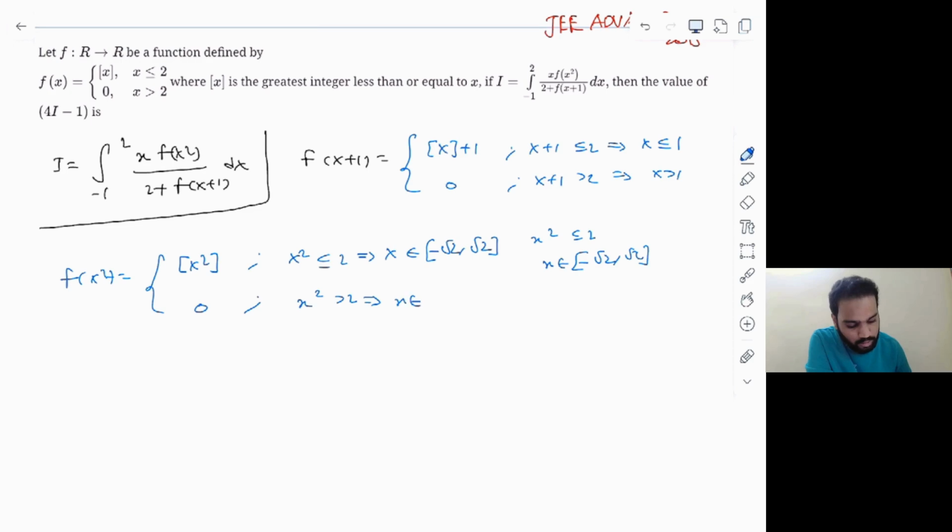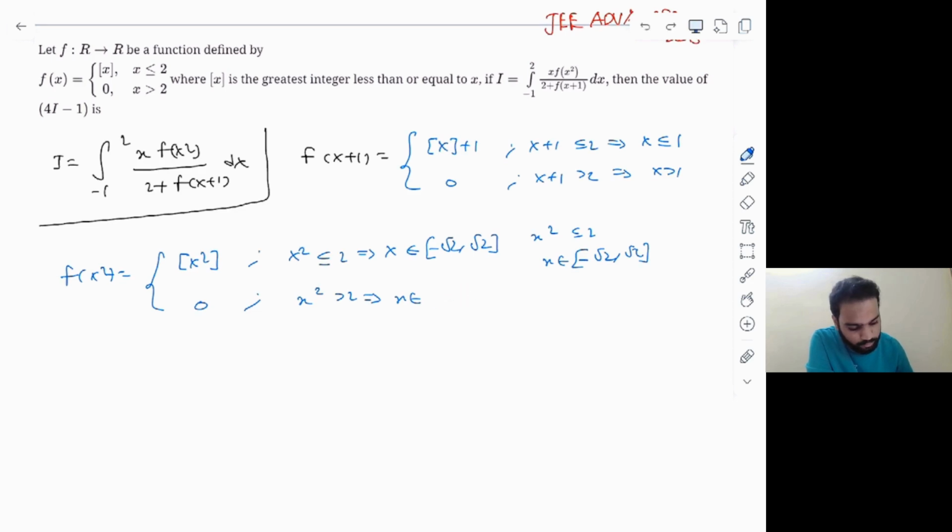And the other interval, obviously, x belongs to minus infinity to minus square root 2, open, union square root of 2 to infinity. So clearly you have the definitions of both the functions f of x plus 1 and also f of x square. Now you need to implement this function definitions and evaluate the integration here.